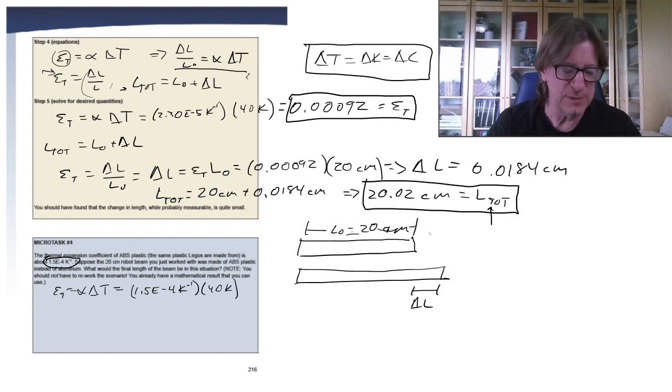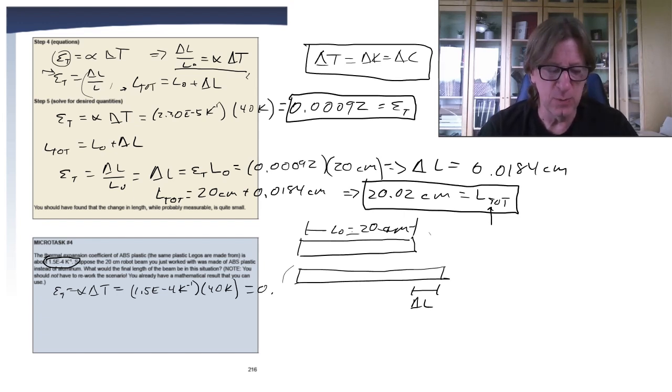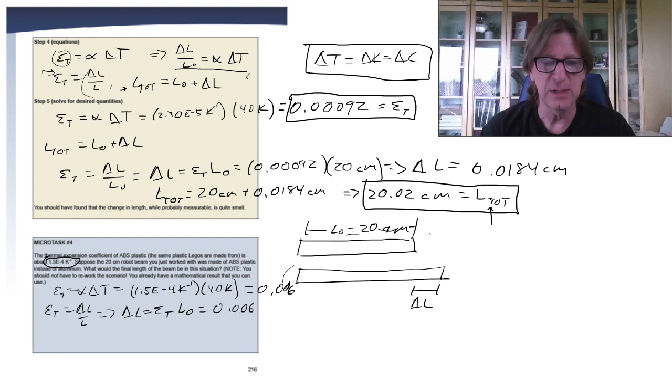So we get 1.5 times 10 to the minus 4 times 40. And now we're getting that our thermal strain is 0.006. So instead of 0.1%, we've got about 0.6%. So it's going to be about 6 times as much. Well, let's work out what our total is. We know that thermal strain is equal to delta L over L0, and so delta L is just going to be 0.006, no units, times 20 centimeters.